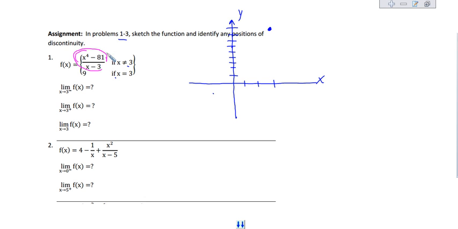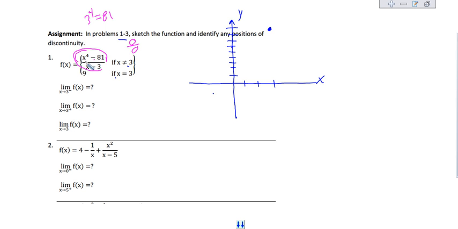So, looking at this, of course, at 3, it's not defined because if you put a 3 in for x on the denominator, you're going to get a 0. And for that matter, 3 to the fourth power is also equal to 81. So you get a 0 over 0, and that's undefined right there.